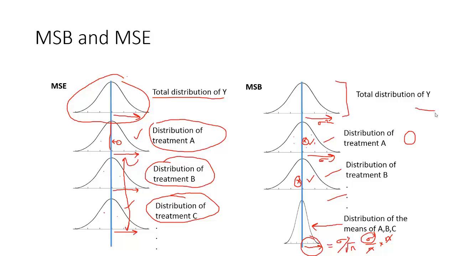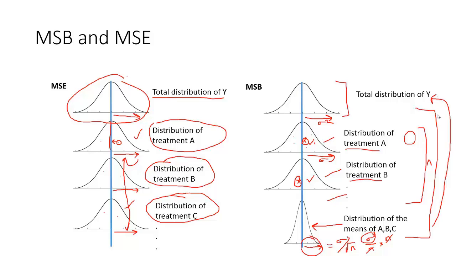What I'm trying to do out here is I'm calculating means from each of these distributions, and I'm taking the variance of those means and multiplying it by n, with the belief that if the null hypothesis is true, that should be a great estimate of the variance of the total distribution.